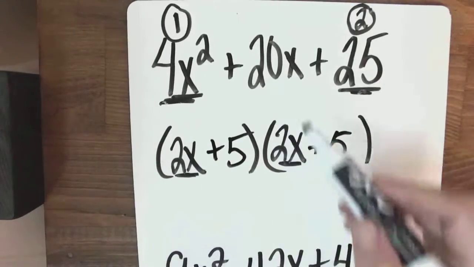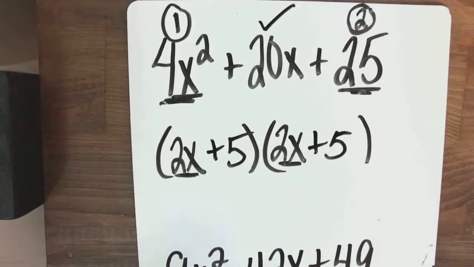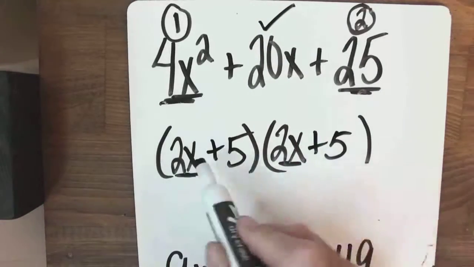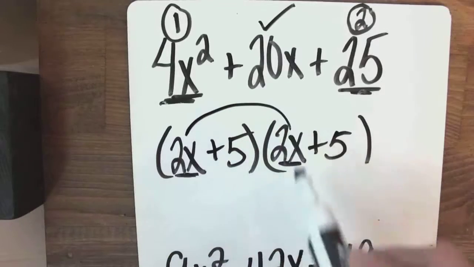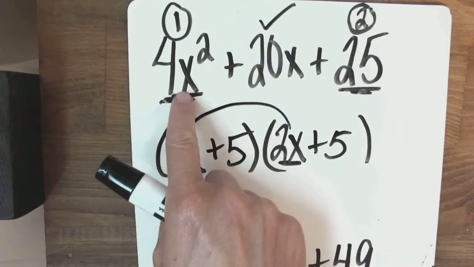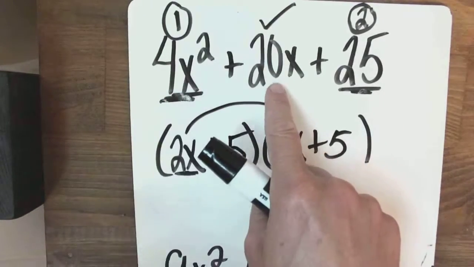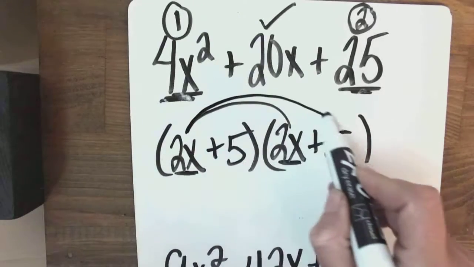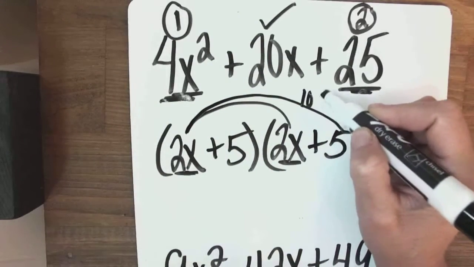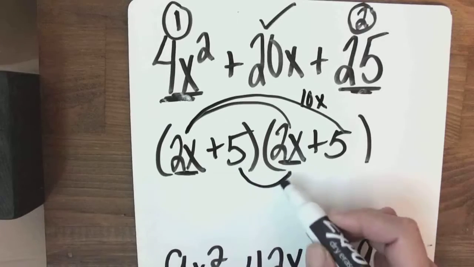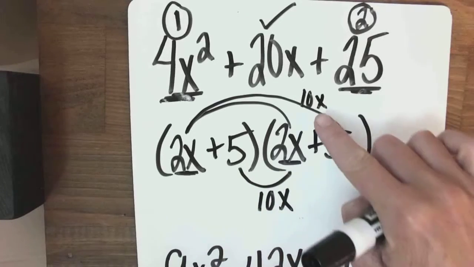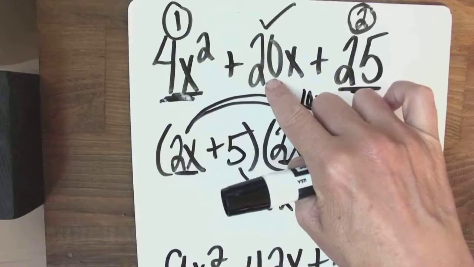And then I check to see if the middle term works out. So if I multiplied these out, 2x times 2x gave me the 4x squared. That's right. But to get this term in the middle, 2x times 5 gives me 10x, and 5 times 2x gives me 10x. Together, they are 20x.